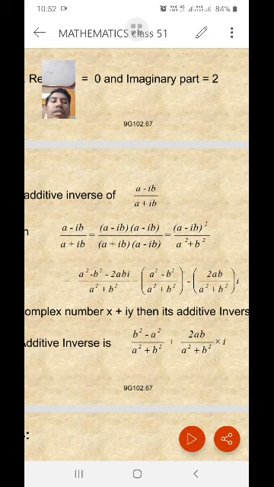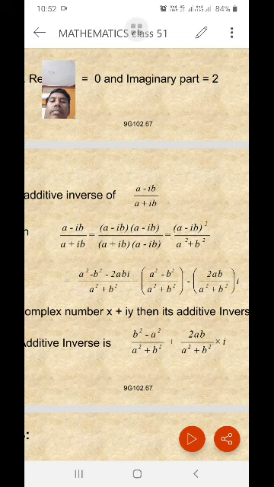Next, that equals to, if we expand the numerator in the form a minus b whole square, means a square plus b square minus 2ab. So here b square means ib whole square, i square means minus 1. So that's why here minus b square is written. Minus 2ab, b means ib, by a square plus b square.